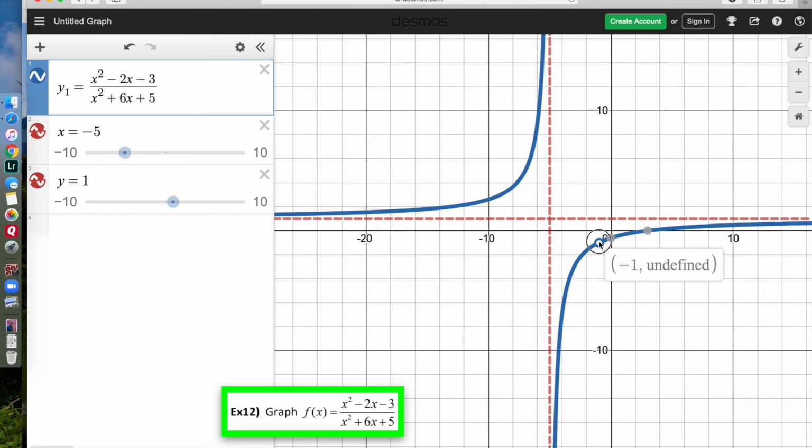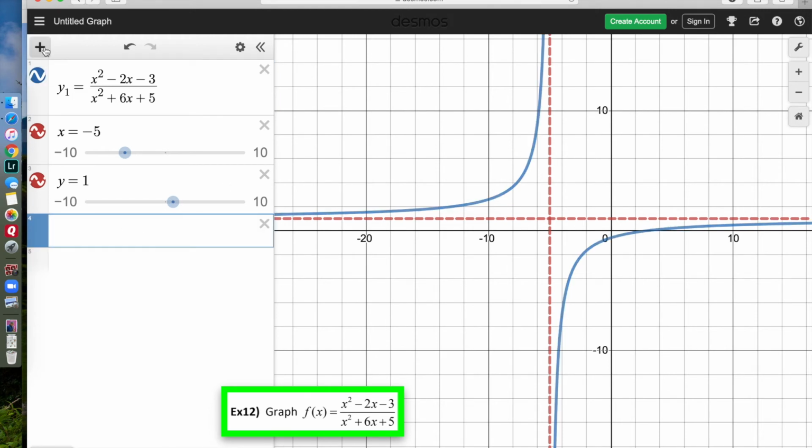So we'll talk in a minute about computing that algebraically, but anyway, you see that there's that hole there, or that missing point at x equals -1, and the vertical asymptote at x equals -5. I'm also going to create a table. So again, I'm going to go up to add item, add a table, change x2 to no subscript, and y2 to y1.